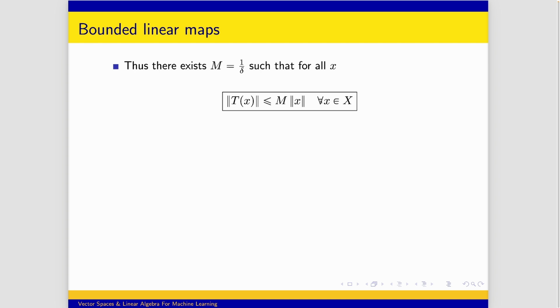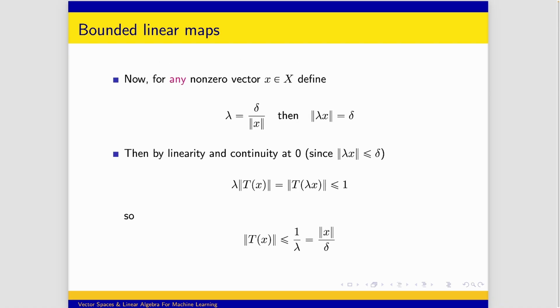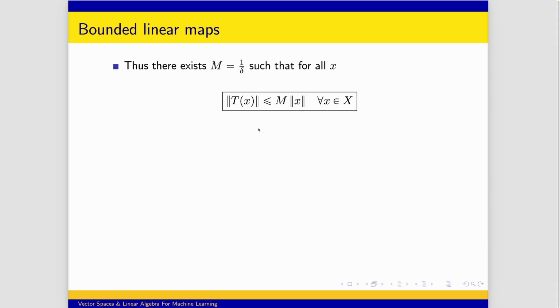And this is true for all x, because as I said up here, for any non-zero vector, this is true, right? The boundedness obviously holds for the vector 0. It's 0, so it's bounded. So that's trivial. So we only need to consider non-zero vectors. And if it's non-zero, then we can divide by the norm of x, because the norm will not be 0. So we've shown that continuity at 0 implies our uniform boundedness.